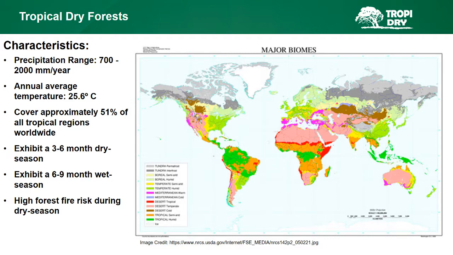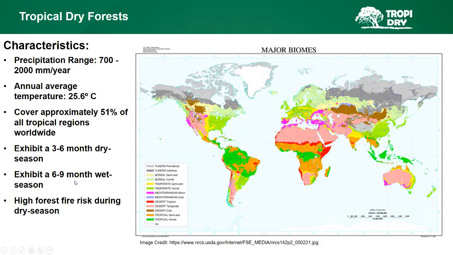to 6 months every year. So, at this point, the leaves from lots of the species in the tropical dry forest start to drop, and you actually have just kind of like what you have in North America in the winter when all the leaves drop. It's the exact same phenomenon, but because it's a dry season, it's driven by precipitation, so that for 3 to 6 months, there's just a real lack of precipitation.